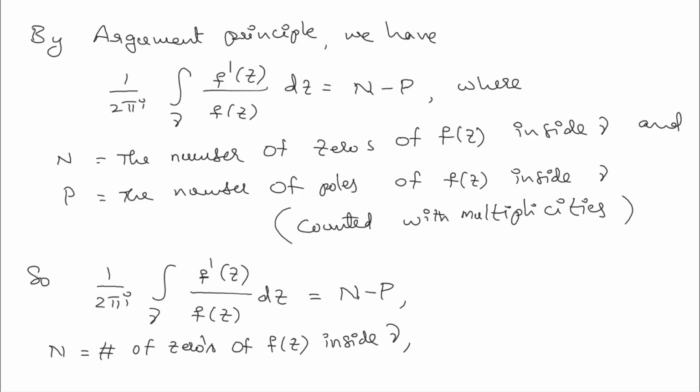And p is the number of poles of f of z inside gamma counted with multiplicities.